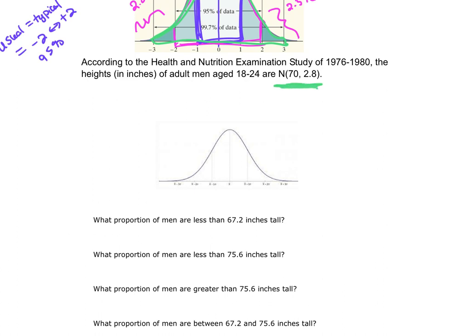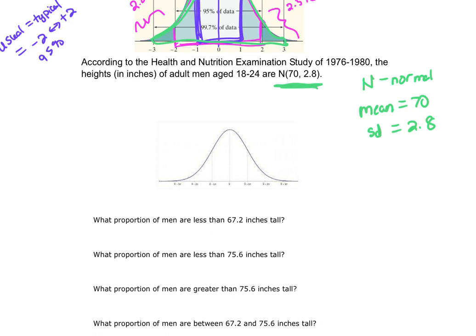The N means that we're talking normal curve, so normal density curve. The first number, in this case the 70, is our mean. So the first number is always our mean. Second number is always our standard deviation. So in this case, our standard deviation is 2.8. Okay? So how does that help us?